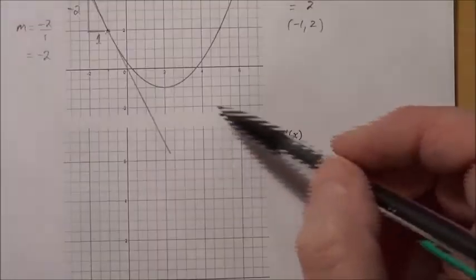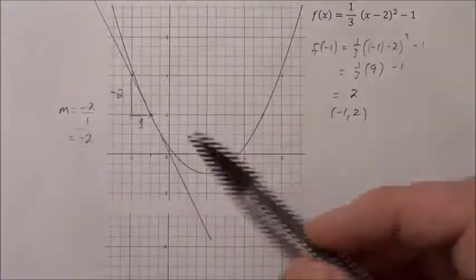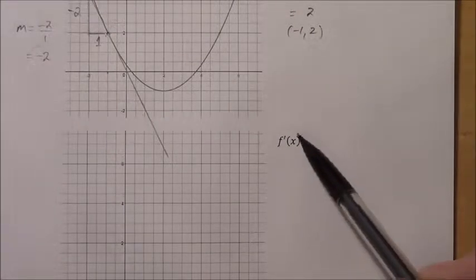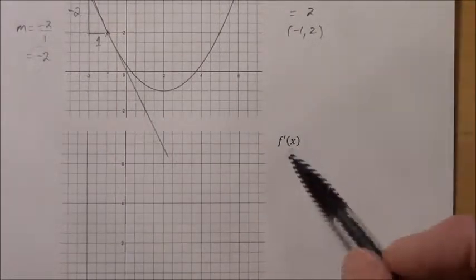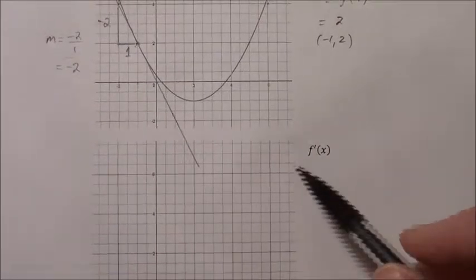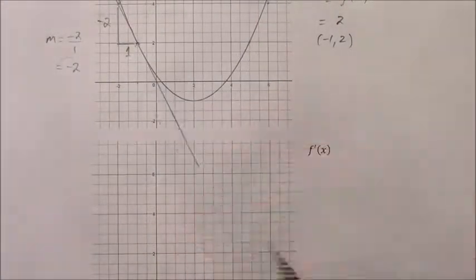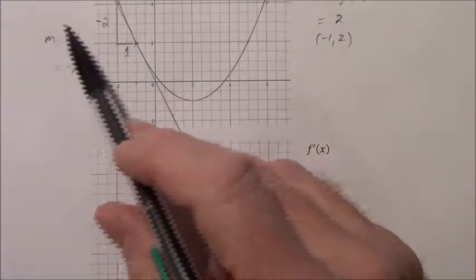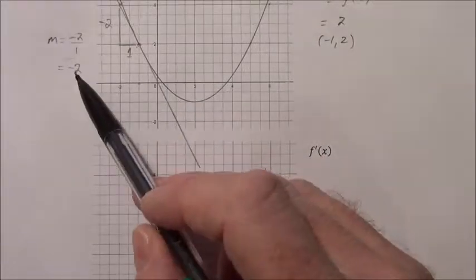So what I'm going to do here is I'm also going to plot this point. I'm going to graph the gradient function down below, and so at x equals negative 1, which is right here, we see that the gradient of the tangent is negative 2.